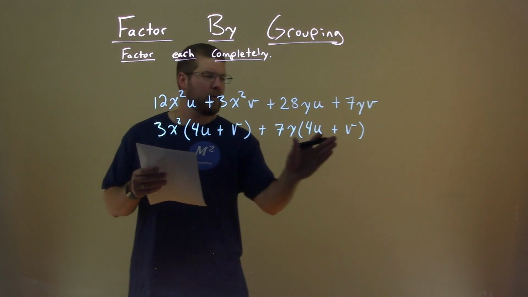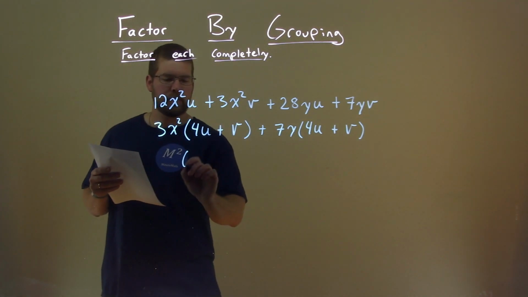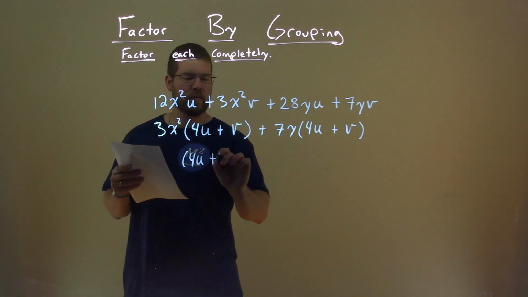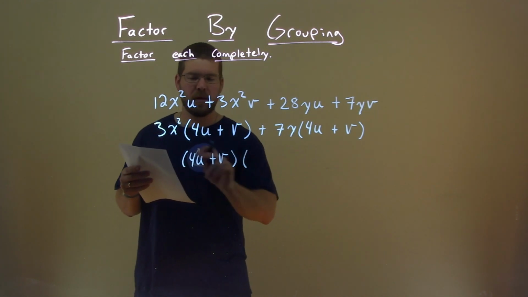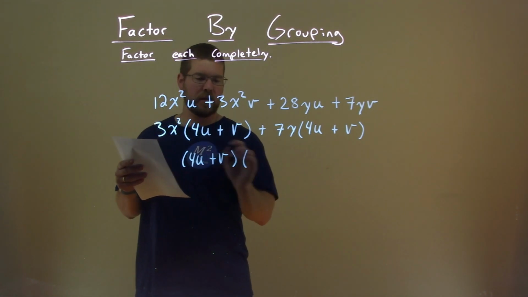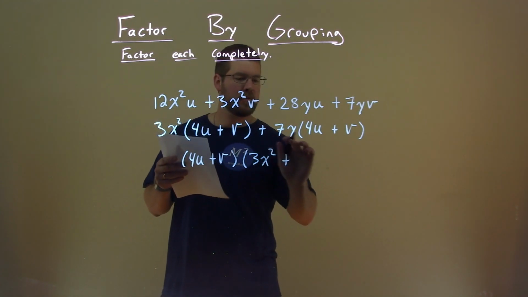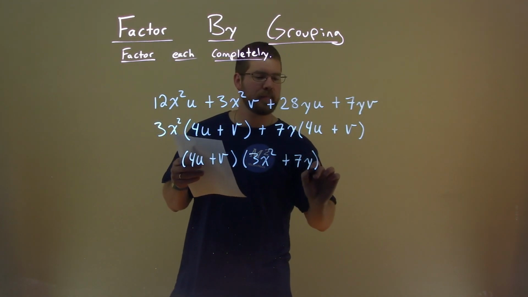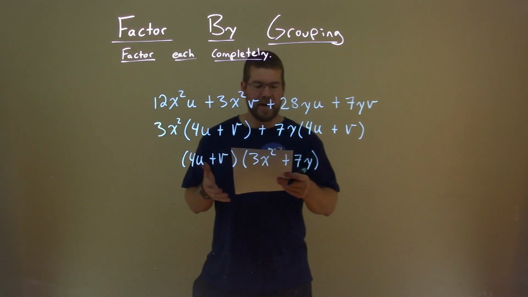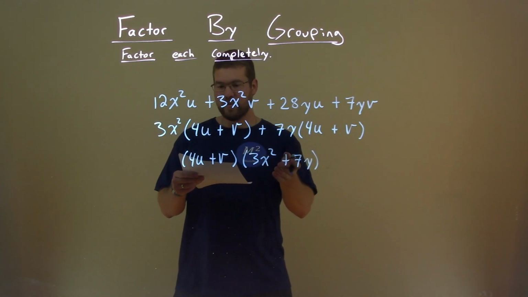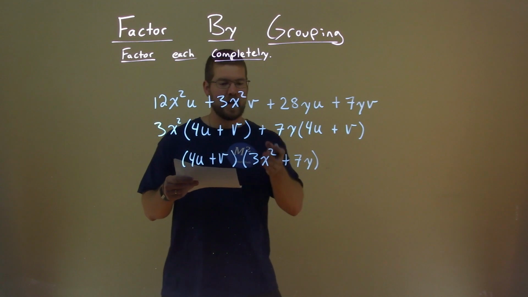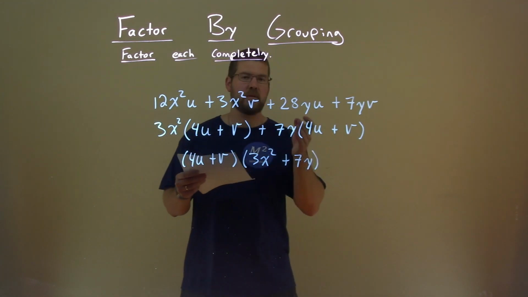If we pull that out from both parts, we have 4u plus v here. We can then bring down the other parts, 3x squared plus this 7y. And now we actually have our final answer, 4u plus v times 3x squared plus 7y.